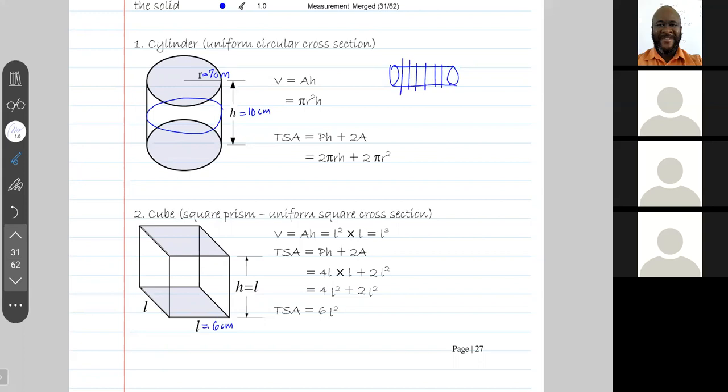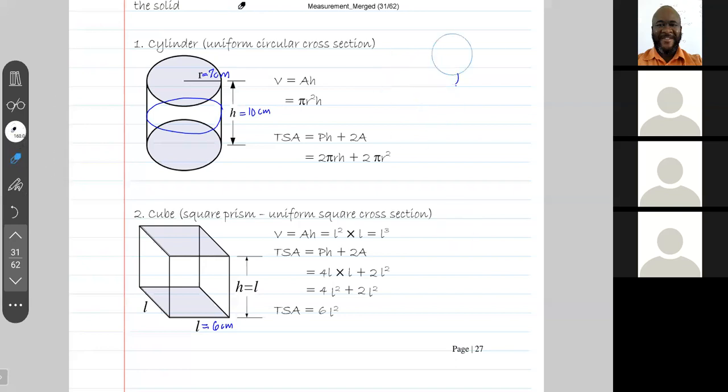So the circle that is exposed when you cut it is called the cross-section. And since the cross-section is the same for the entire length of the shape, we say that this is a solid with a uniform circular cross-section.